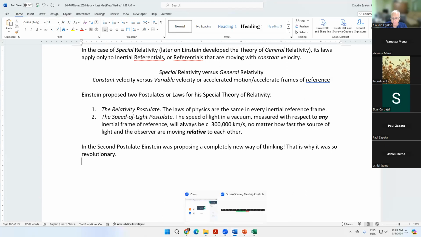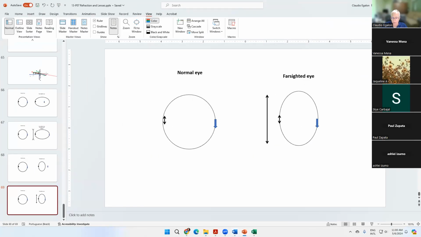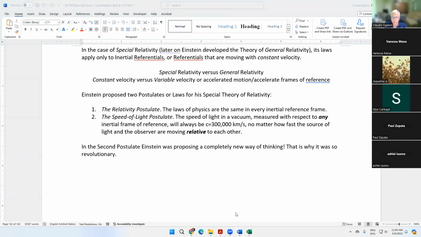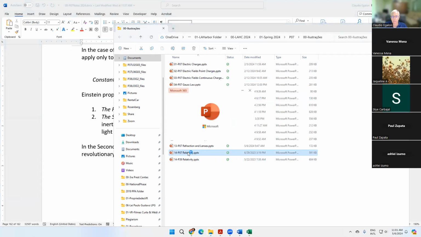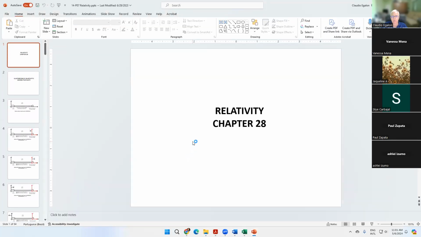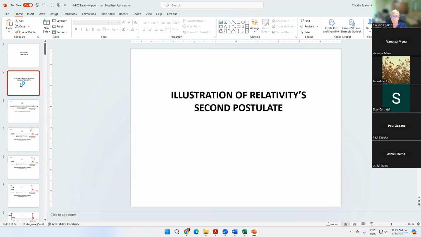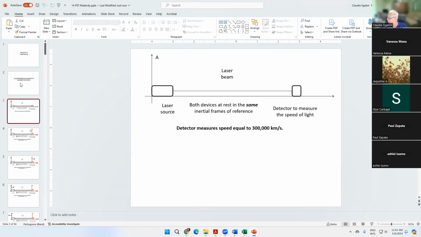And I'm going to illustrate for you. Chapter 28. Illustration of relativity, second postulate. Consider that we have a laser source.